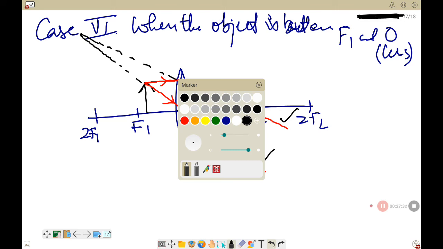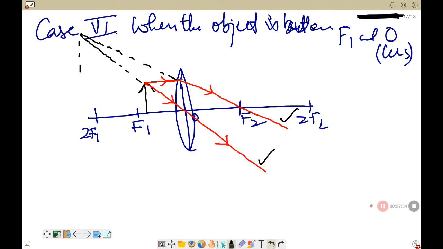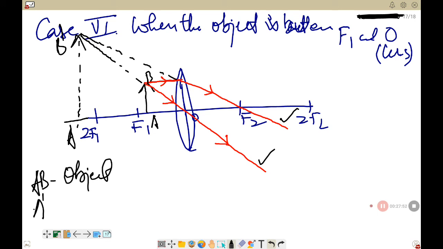So I'll draw a dotted image, just to represent that this is the image A dash B dash. This is my A and this is my B. So AB is my object and A dash B dash is my image.